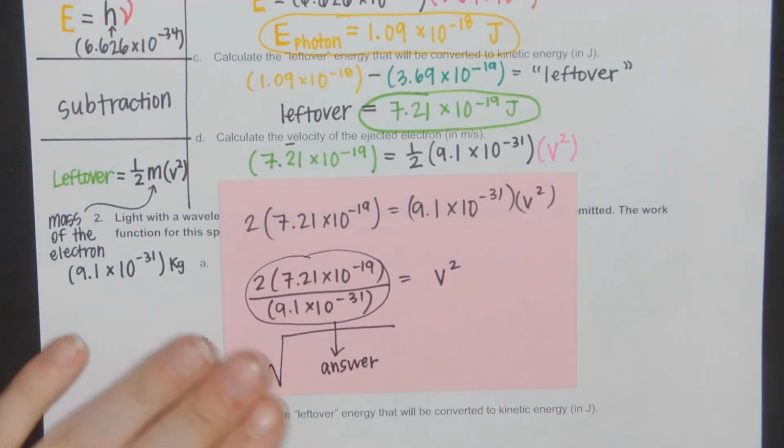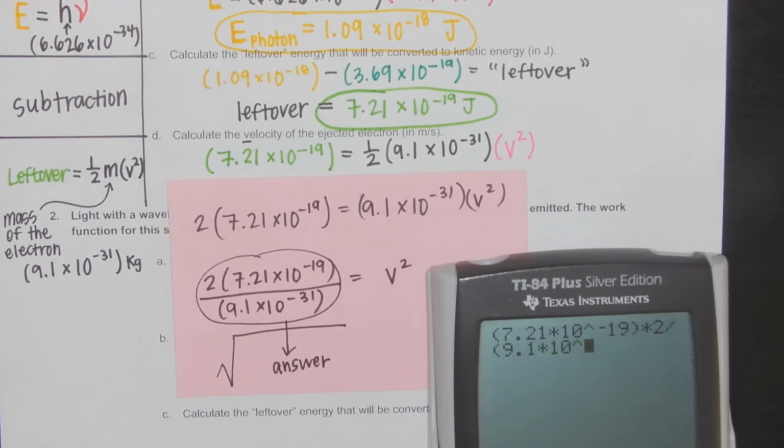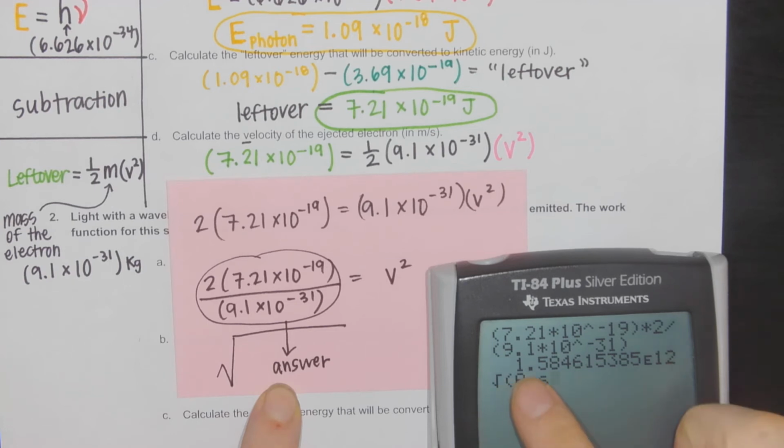Okay, so 7.21 times 10 to the negative 19. And I'm multiplying by 2, and I'm dividing by 9.1 times 10 to the negative 31 power, equals, and I'm going to take the square root of that answer, square root of 1.58, blah, blah, blah.